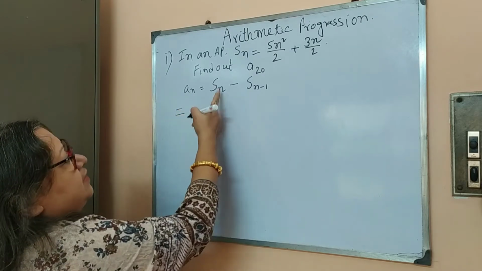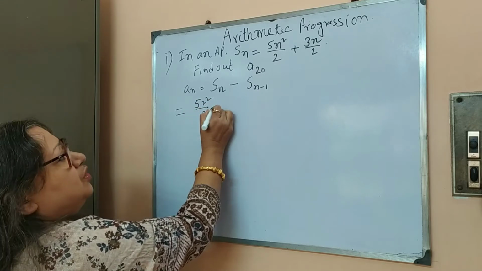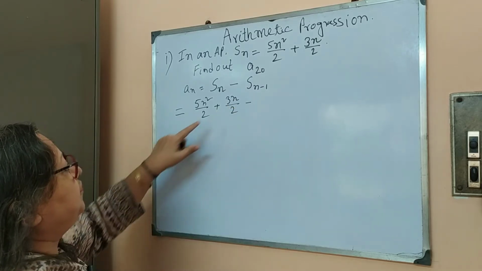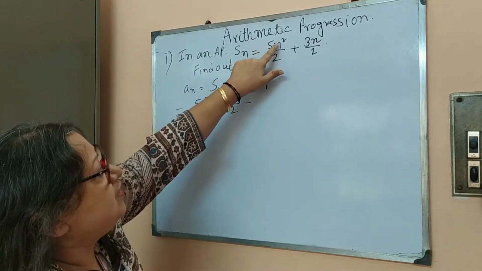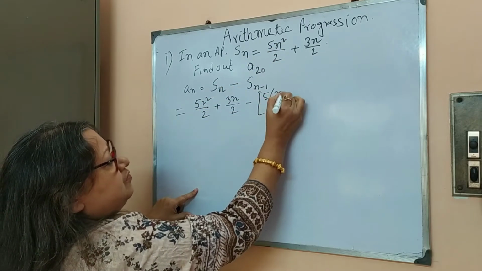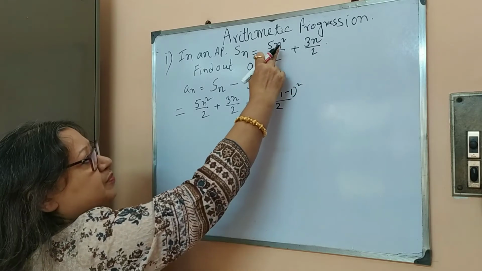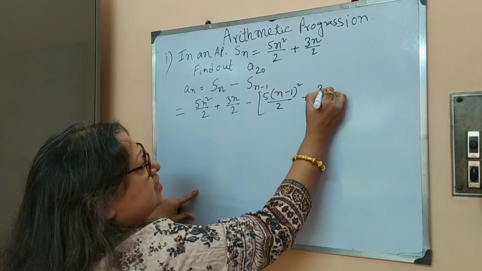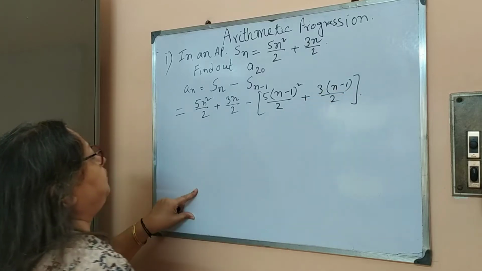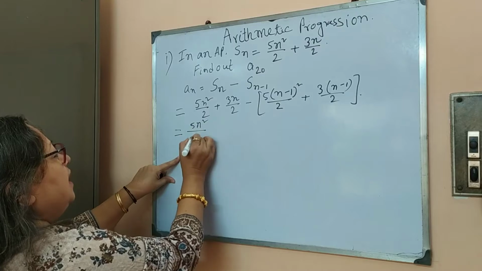That is equal to Sn, which is 5n square by 2 plus 3n by 2, minus Sn minus 1, which is 5 into n minus 1 whole square by 2, just put n minus 1 instead of n, plus 3 into n minus 1 by 2.